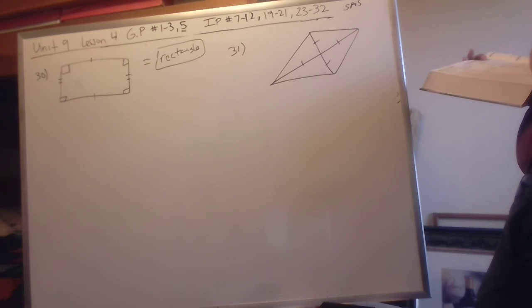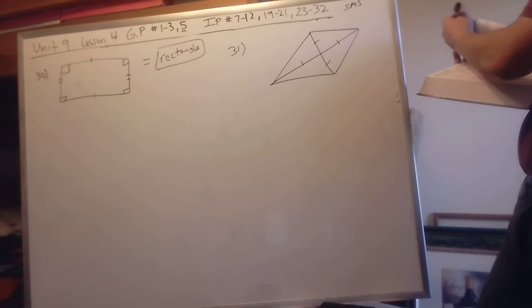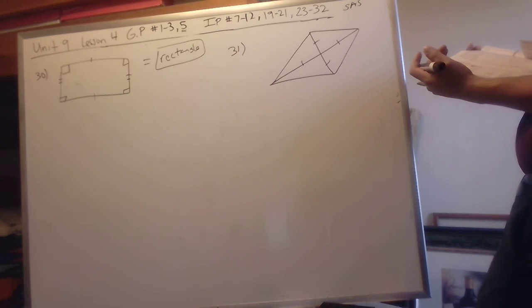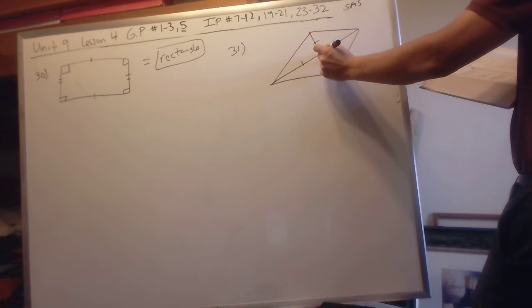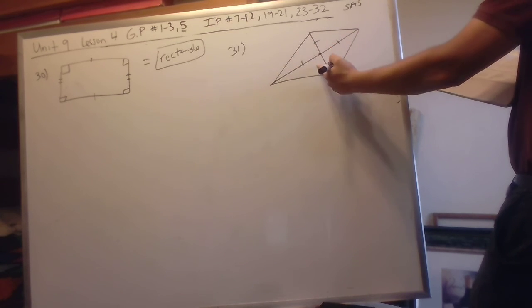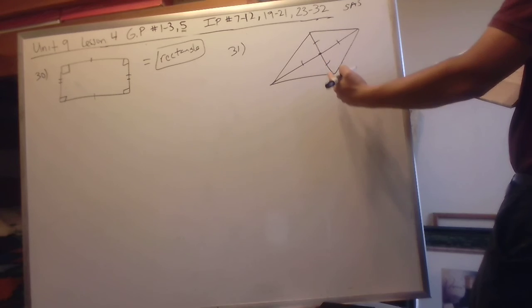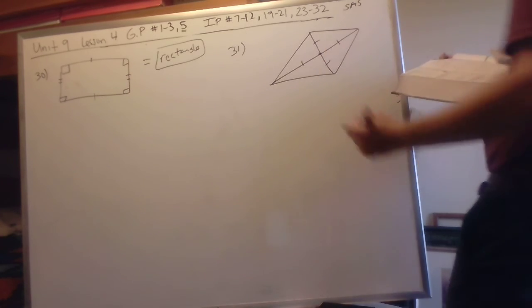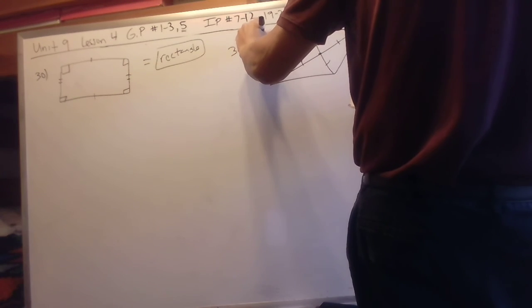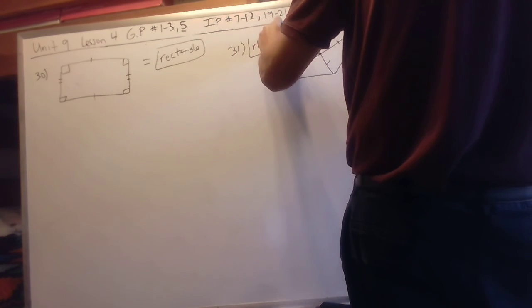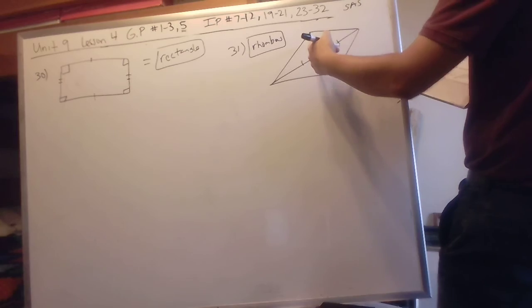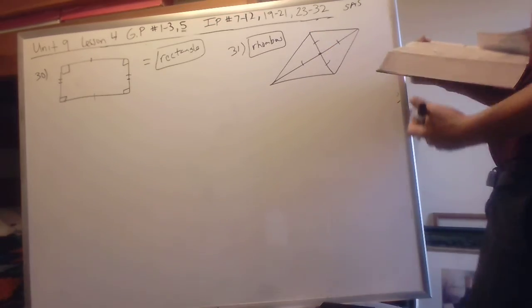Yeah, it was problem 11. Okay, so essentially it's the same type of situation. When we have diagonals that intersect at the center and create two congruent segments, we know that that's going to be classified as a rhombus. So we know that 31 is a rhombus because the diagonals create two congruent segments.